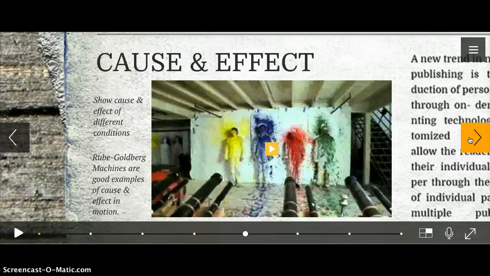So the next one I want to talk about is cause and effect. And for cause and effect, I have this video of a Rube Goldberg machine. And as you know, this is actually available for you. So if you'd like to watch that video after this presentation, please do so. I think it's really funny and interesting, first of all, how many takes it took them to make this actual video, but also how everything causes an action and reaction.